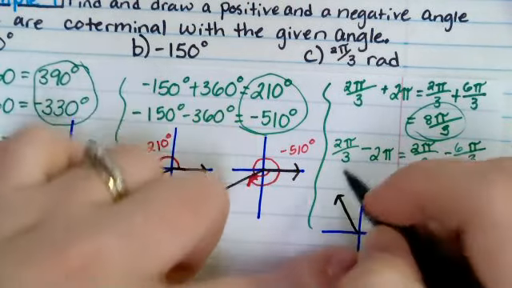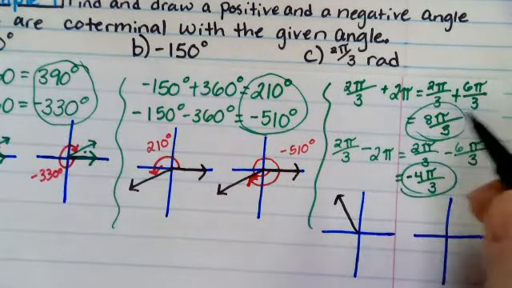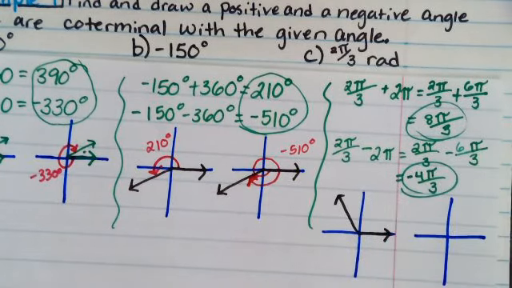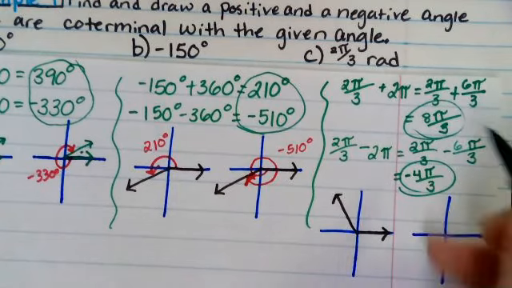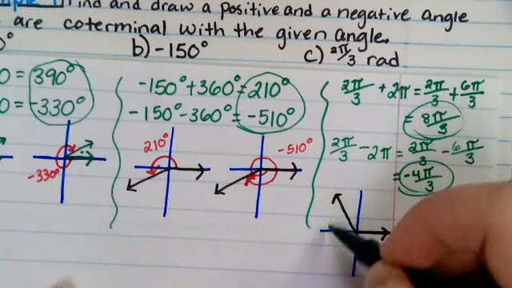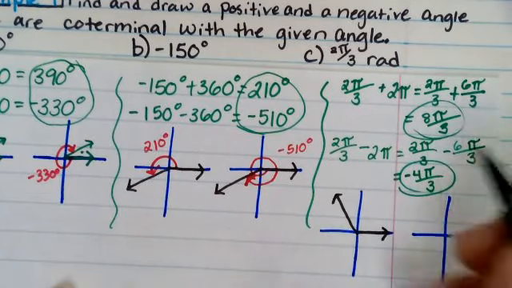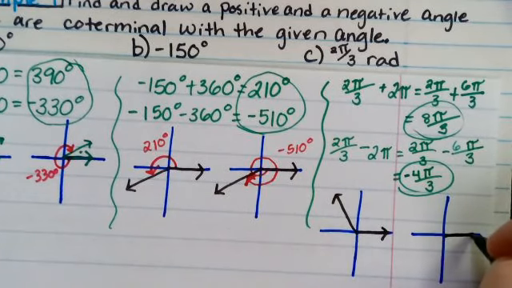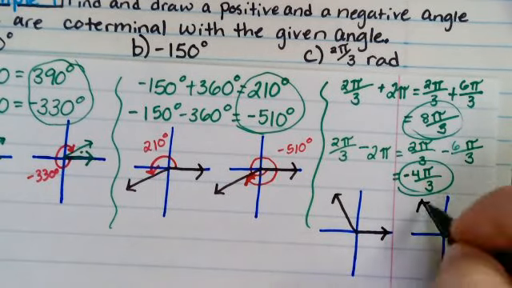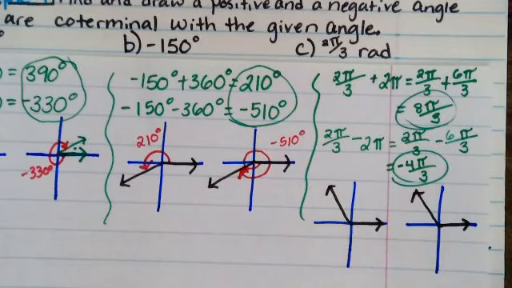It's going to be something like this. So my initial side is on the x, my terminal side is there. Now there would be like a 60-degree buffer in here, and you'll get used to noticing those as we do more of this stuff. But if that helps you with drawing it, maybe use that to help.